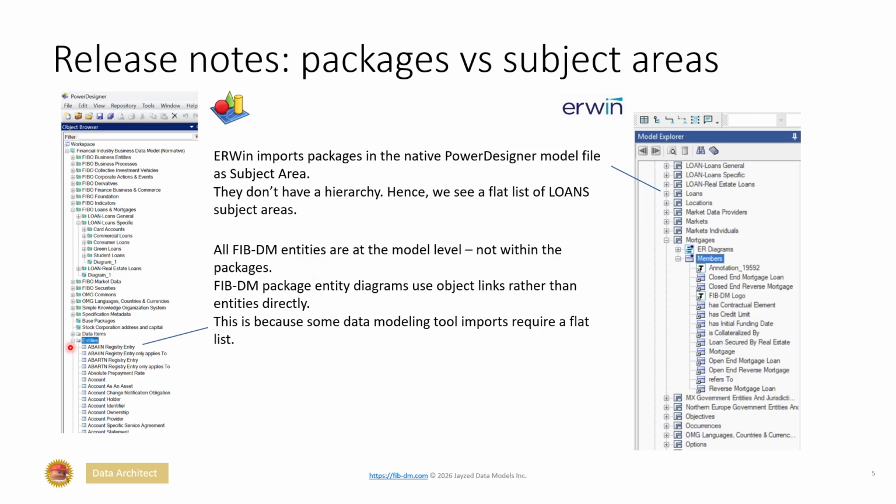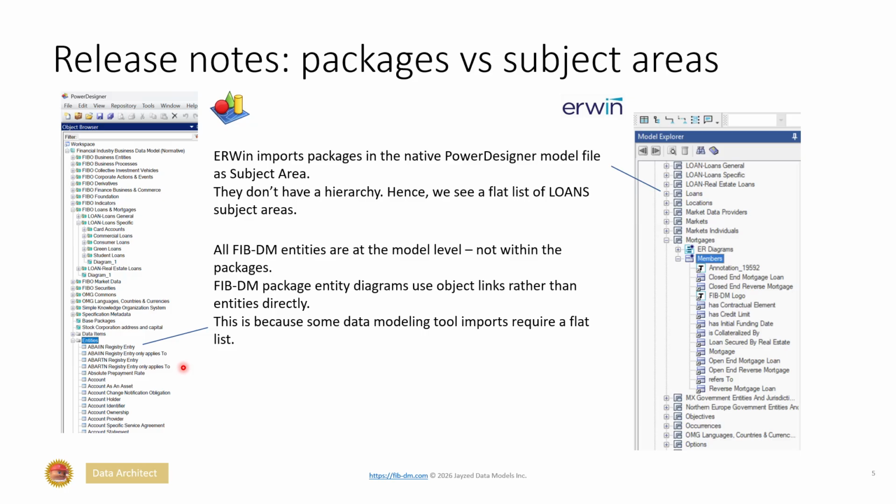So here under entities, this is where we see a list of 3,200 individual entities. And the reason for that is that some data modeling tool imports require a flat list. So when I tried it with entities within the packages, the import couldn't process it.